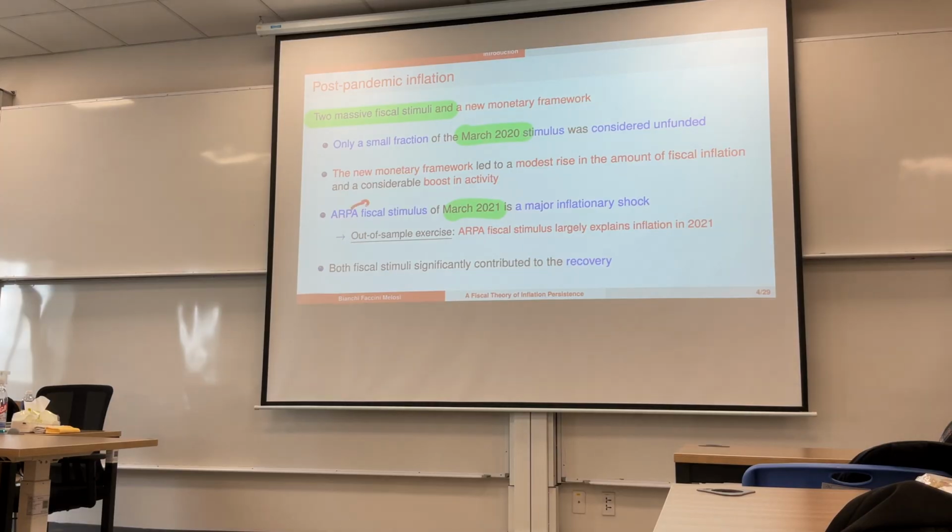So ARPA means American Rescue Package Act. By contrast, this American Rescue Package Act didn't have any fiscal backing. There was a lot of extra spending, and that extra spending didn't come backed by future tax increases.